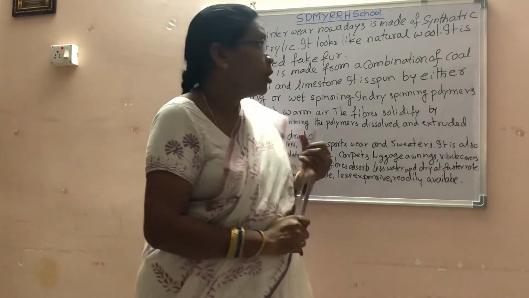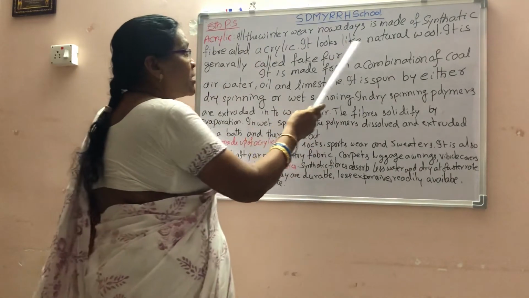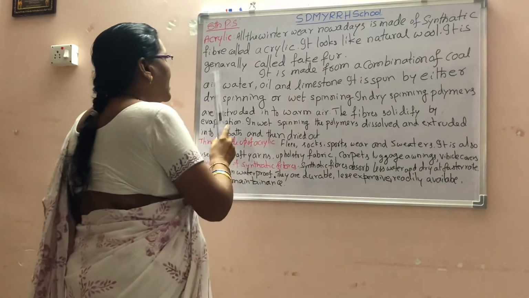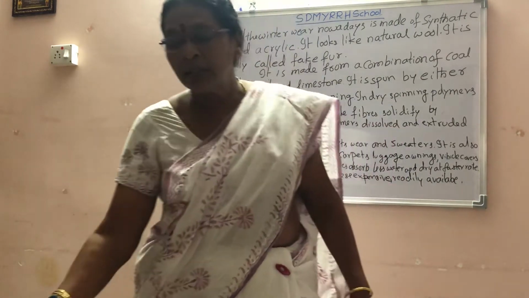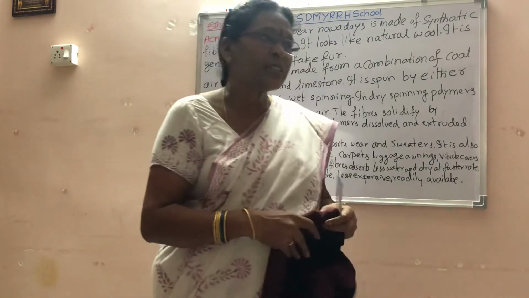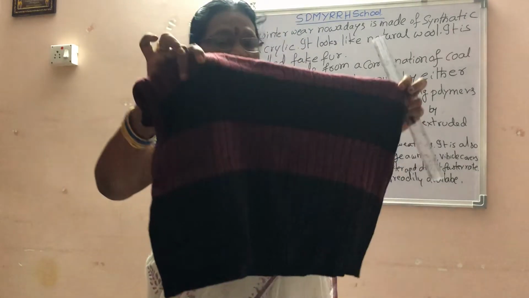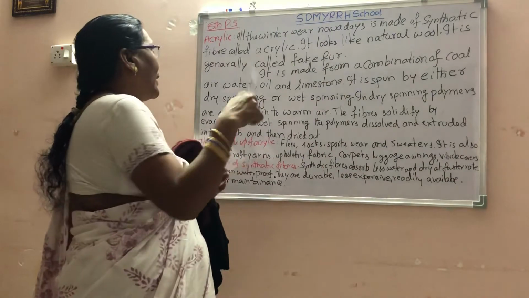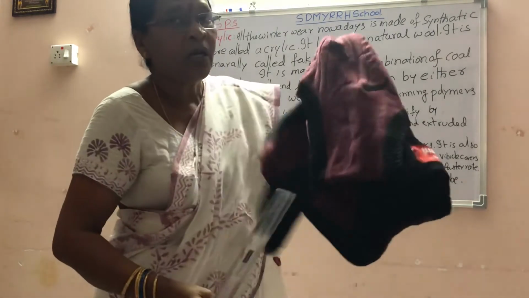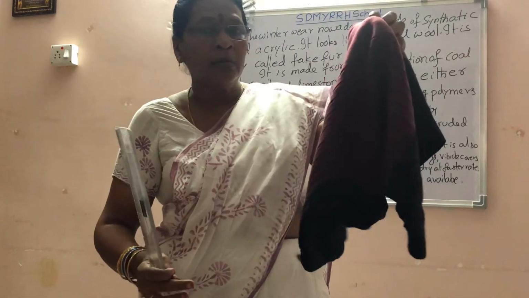Acrylic looks like natural wool. Fake fur means it is not original. This is a sweater. It is a wool sweater, but it is acrylic. It is not pure wool.